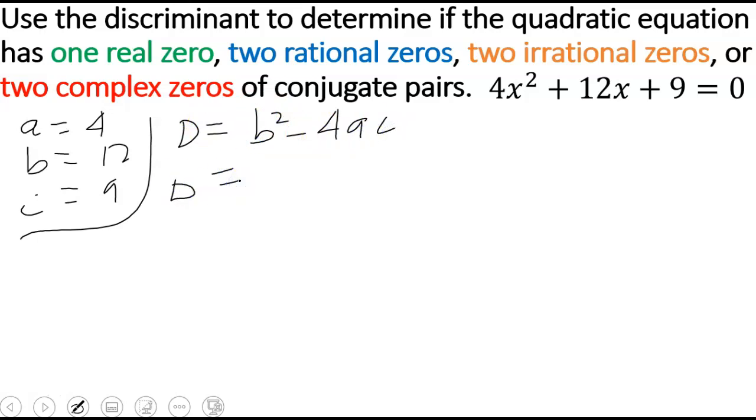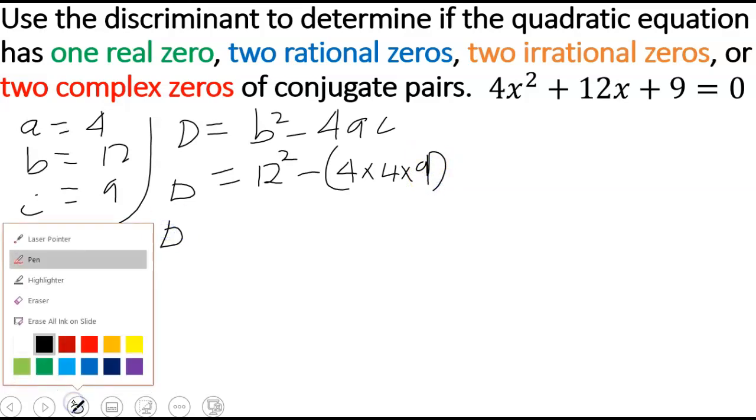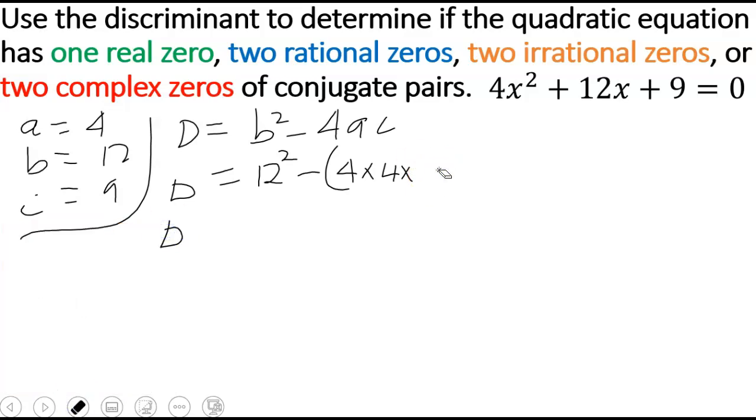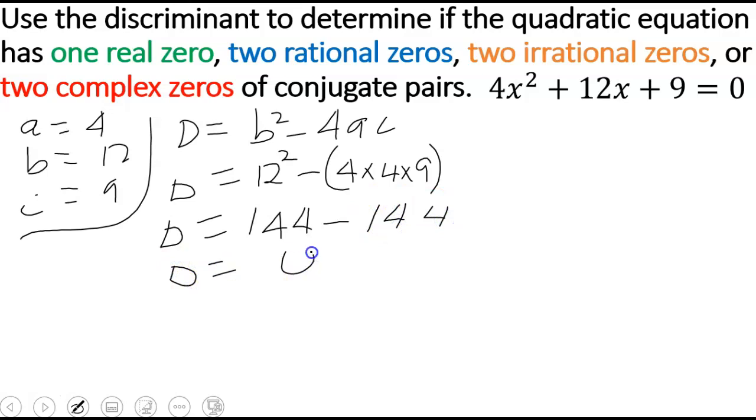So B squared is 12 squared minus 4 times 4 times 9. Alright, 12 times 12 is 144. Minus 4 times 4 is 16, times 9 is 144. 144 minus 144 equals 0.